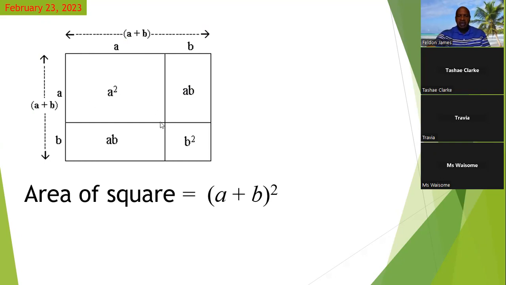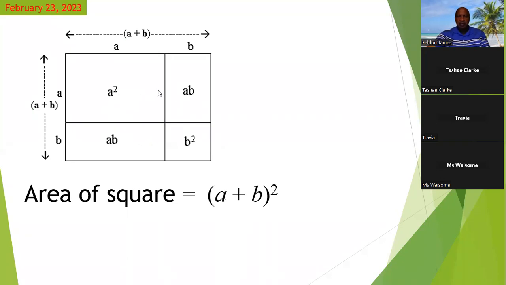Now, this diagram is to portray to you that if you find the area of the big square, which is multiplying the length A plus B times A plus B, you should get the area as it relates to the different parts.